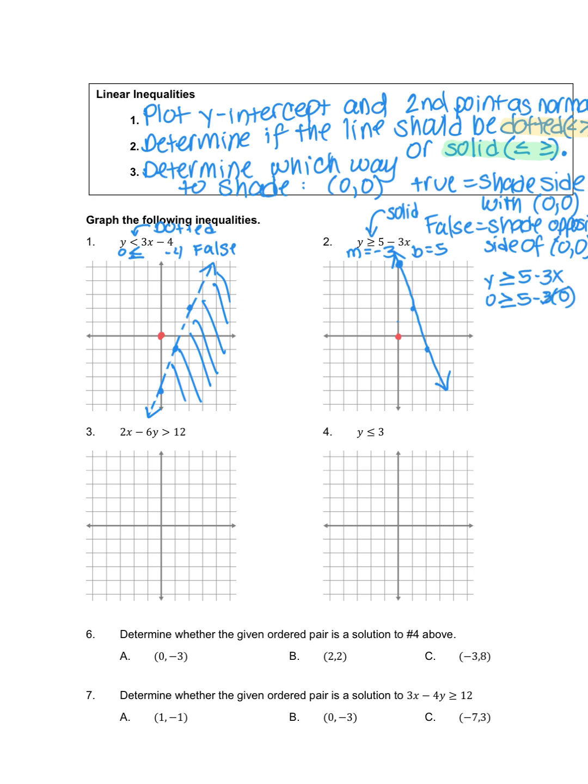So is 0 greater than or equal to 5? Is that true or false? That's actually false. Therefore, should we shade the side with 0, 0? No, because that's a false statement. We shade the opposite side. There it is. Okay, let's go ahead and do number 3.